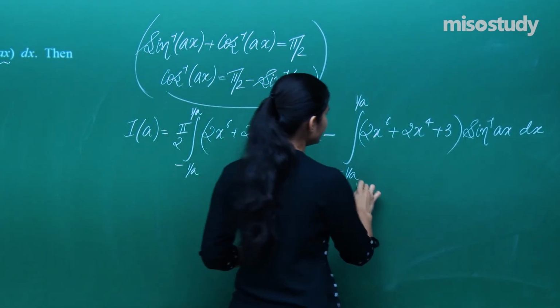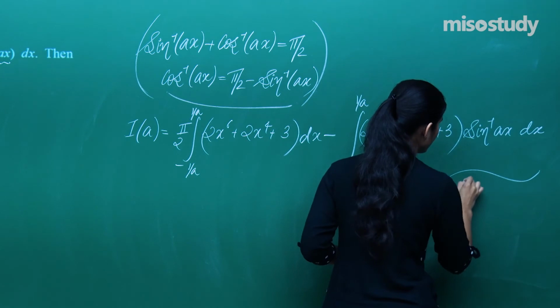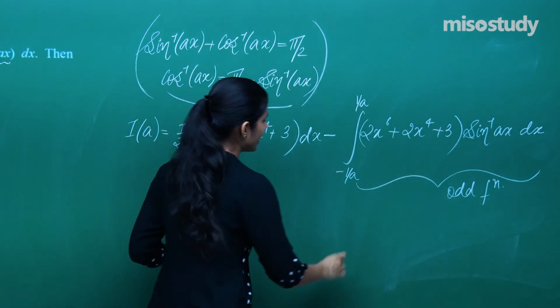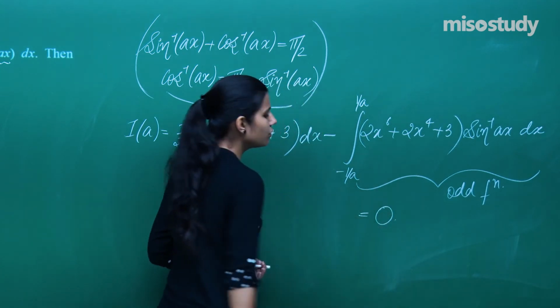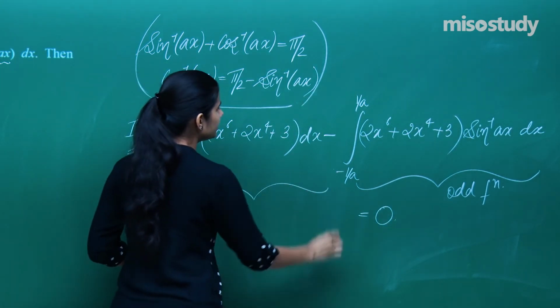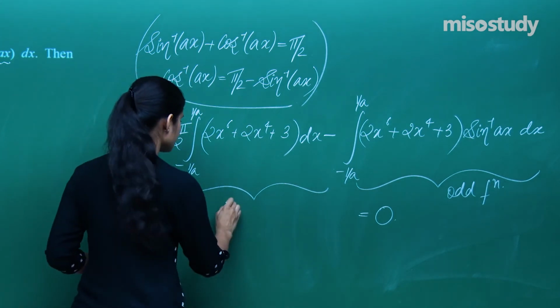Now it's pretty evident that this is an odd function, and therefore the value of this integral is directly equal to 0. So the value of I of a is completely going to be determined by this integral, which is even.